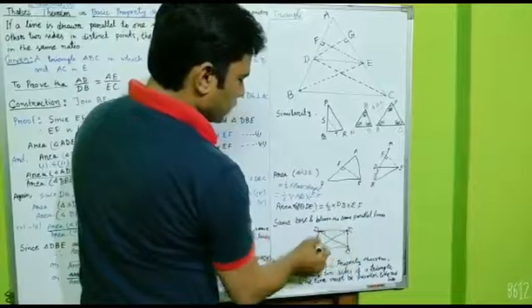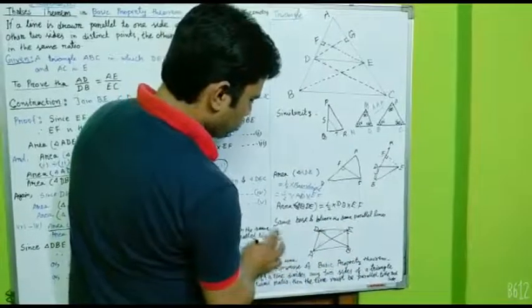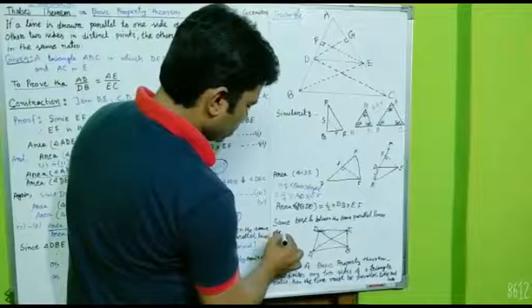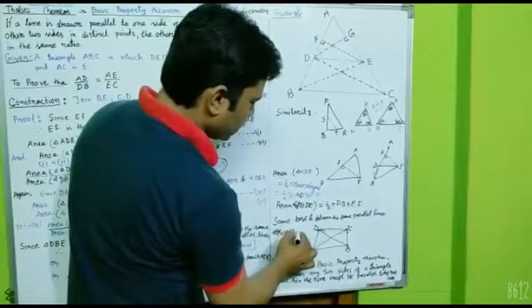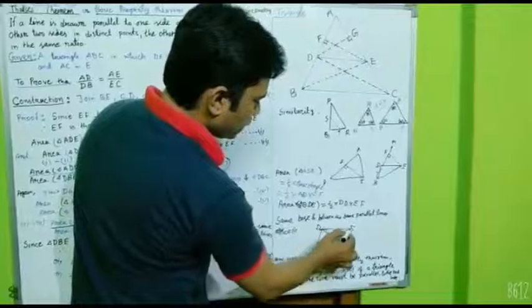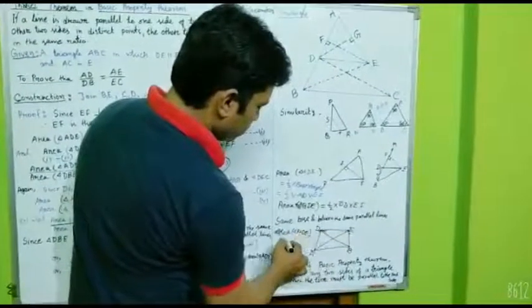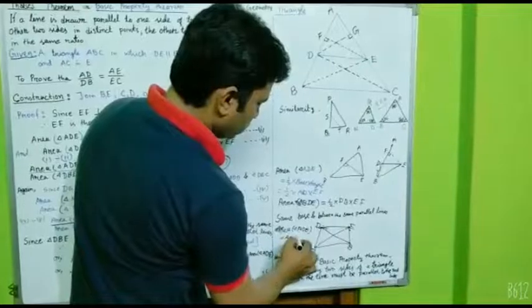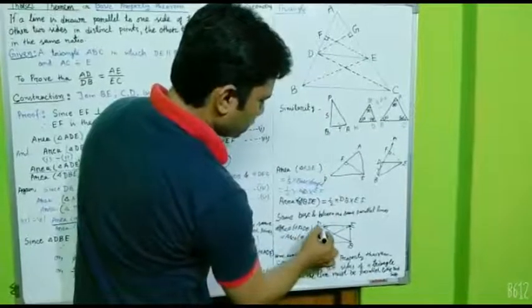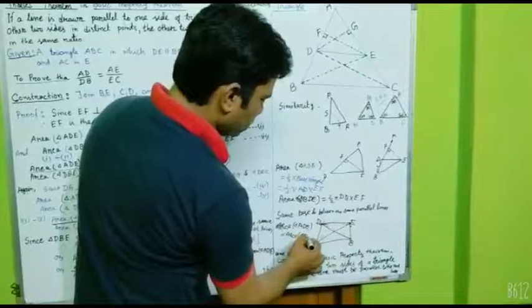Then the area of triangle DAE, or ADE, and the area of triangle DBE, or BDE, are equal.